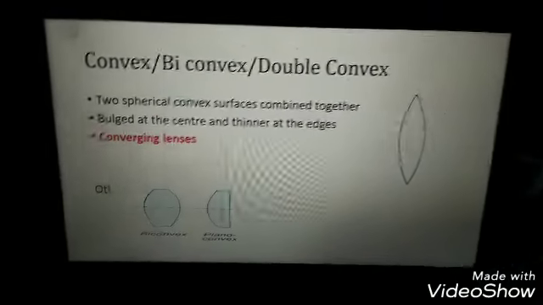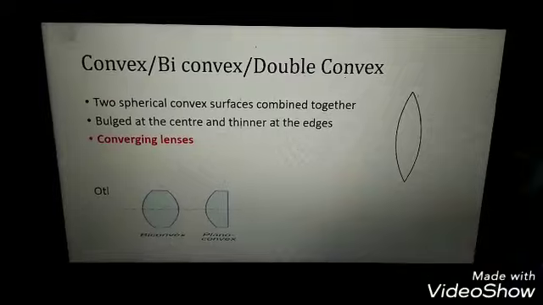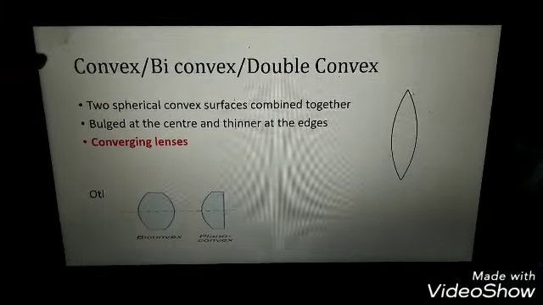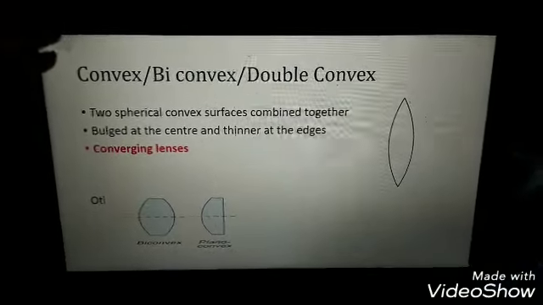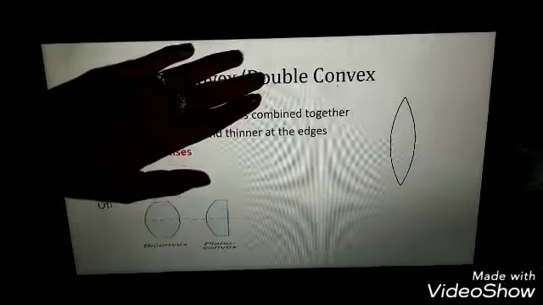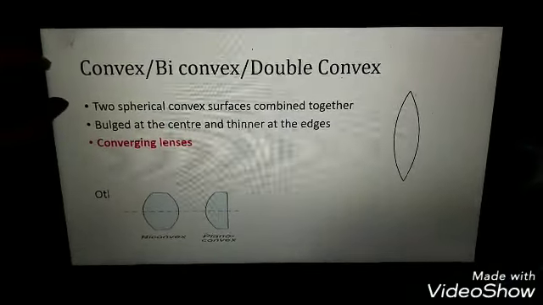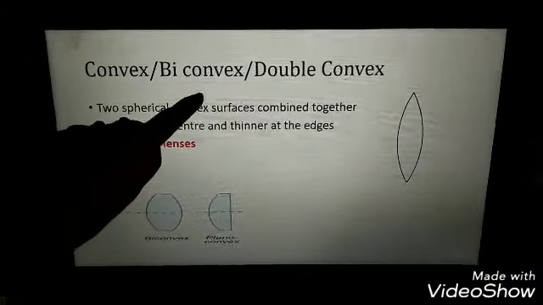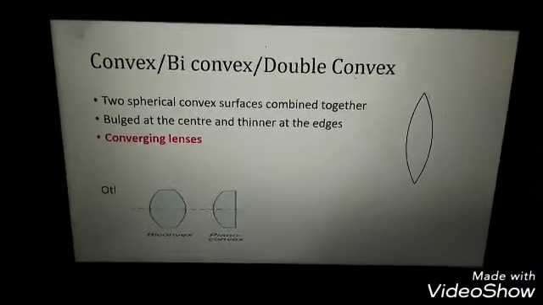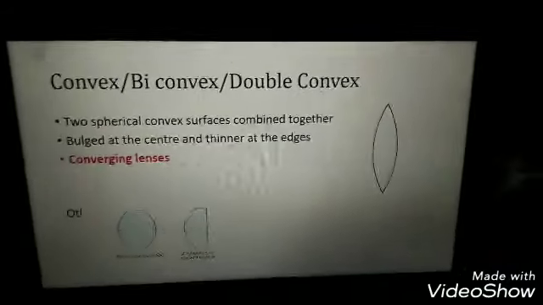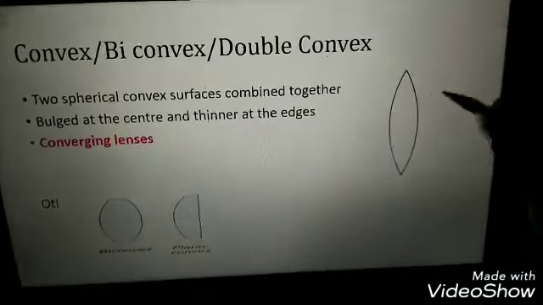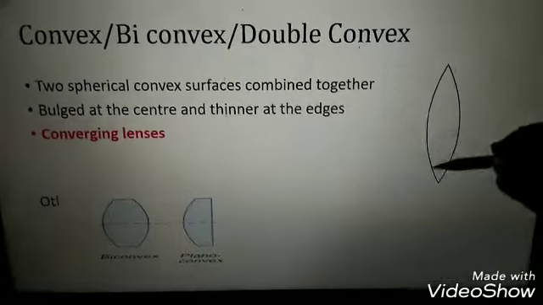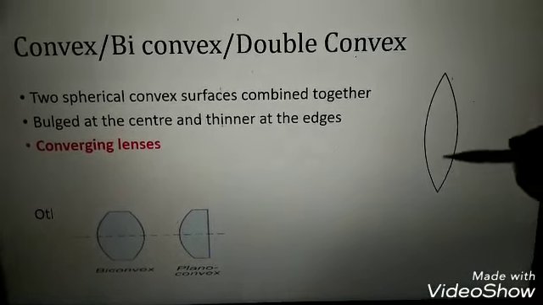Now we shall see each lens in detail. The first one is convex. The convex is basically the biconvex or double convex. When you say convex lens, it eventually means it is a biconvex lens. This convex lens has got two spherical convex surfaces. See, this is one convex surface and this is the other convex surface.